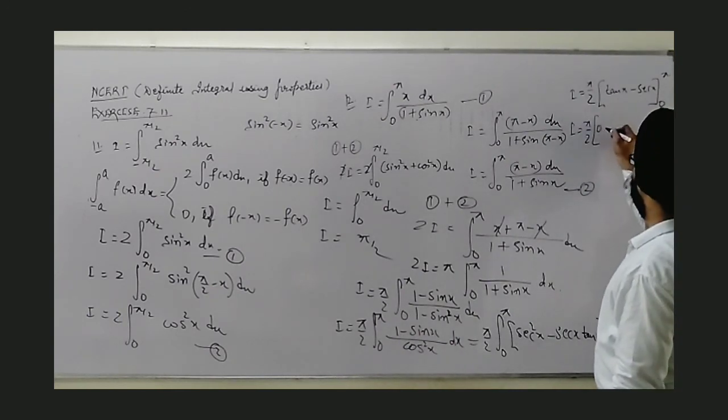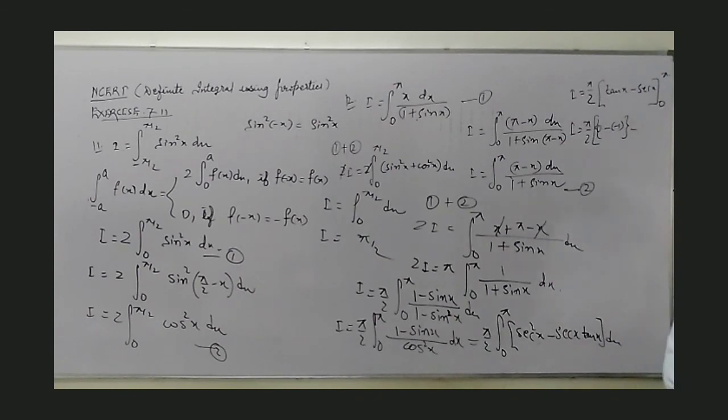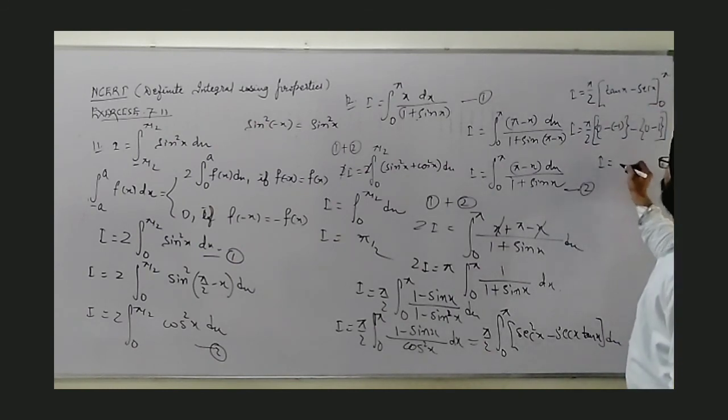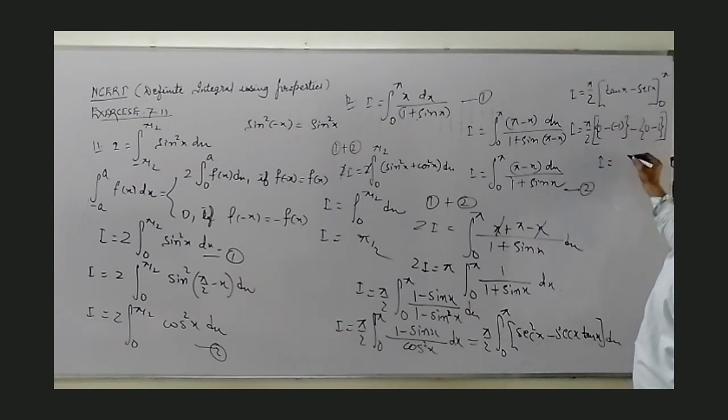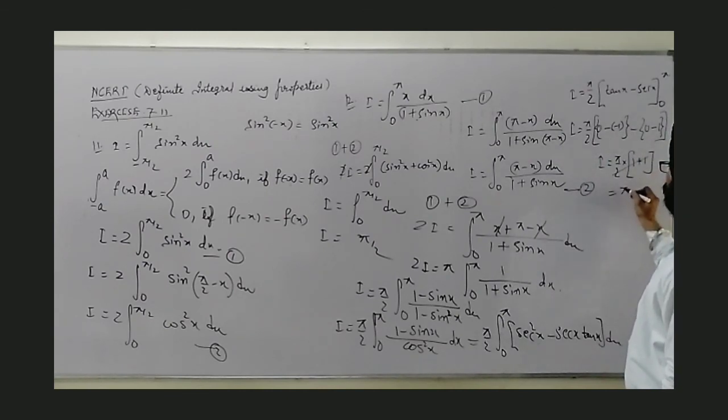So we get 0 minus of minus 1, putting pi there, minus tan 0, which is 0, and sec 0 is 1. Let's simplify. We get I equal to pi by 2 into, finally from this bracket, 1 plus 1, which is 2. These two cancel out, and the final answer is pi.